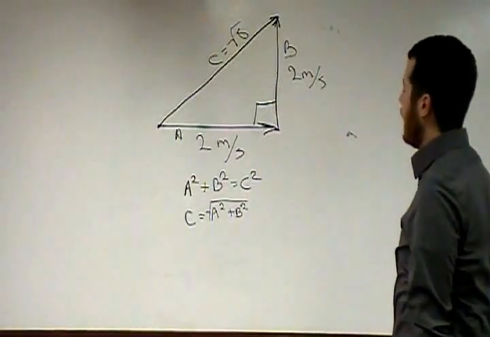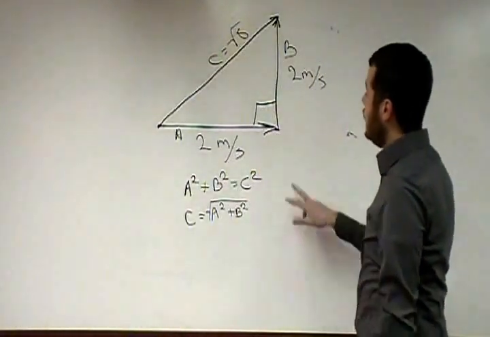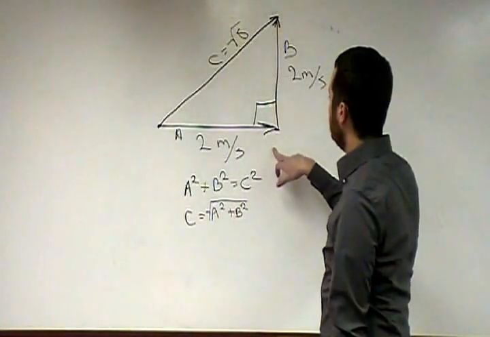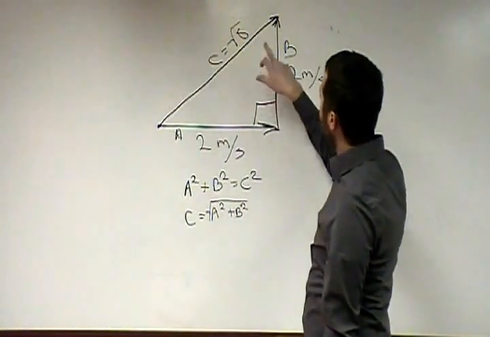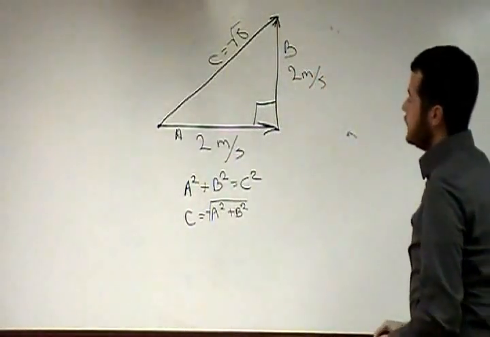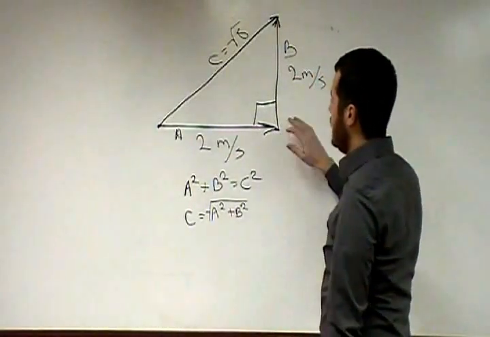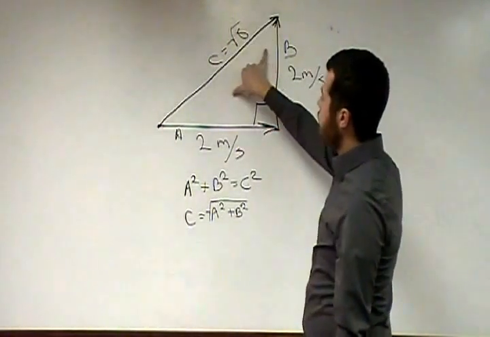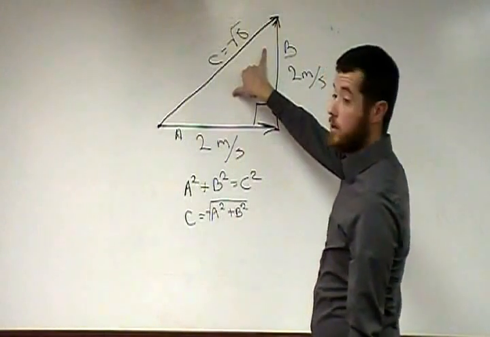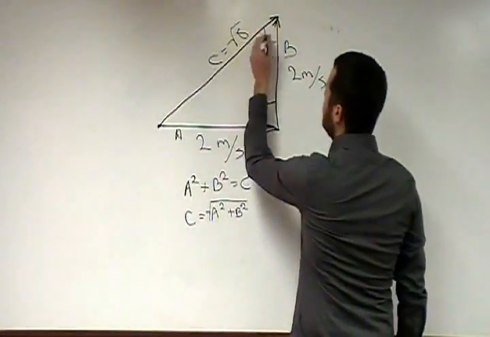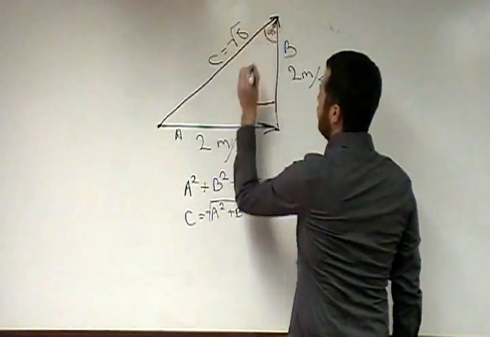Okay? Now, we know by symmetry that because these two sides are equal, these two angles also have to be equal. And if those two angles are equal, we know that all triangles have 180 degrees within them. This is 90 because it's perpendicular. These two have to be even, so we take the rest, which is another 90, divide it by 2, and we know that both of these angles are 45 degrees.